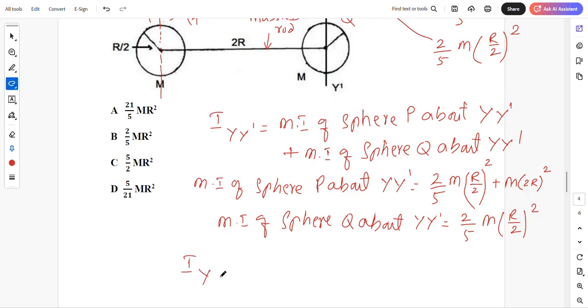I y dash is equal to 2 by 5 m r square by 4 plus m 4 r square plus 2 by 5 m r square by 4.